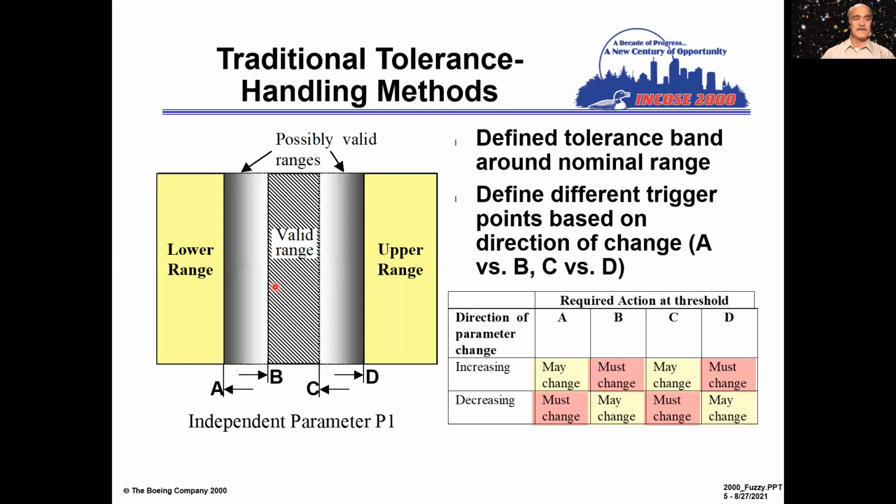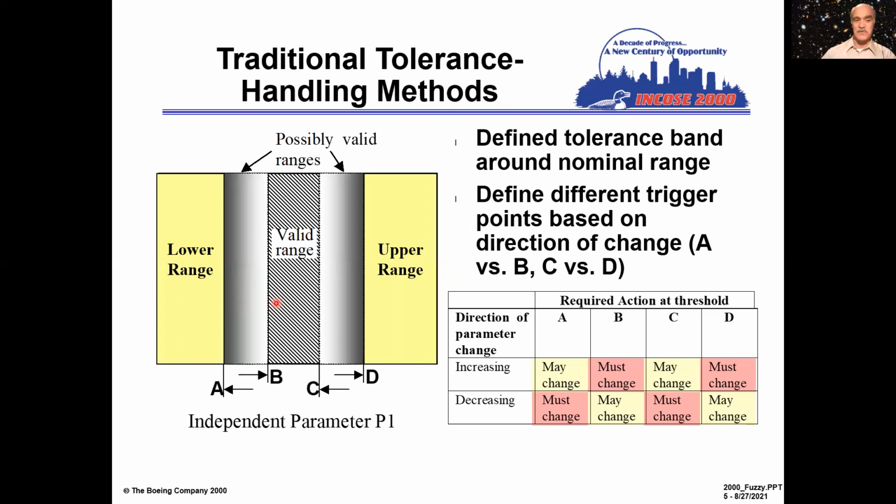So in some intermediate range here, then we have some specific behavior we require. And the question is, what happens as we move across these boundaries?